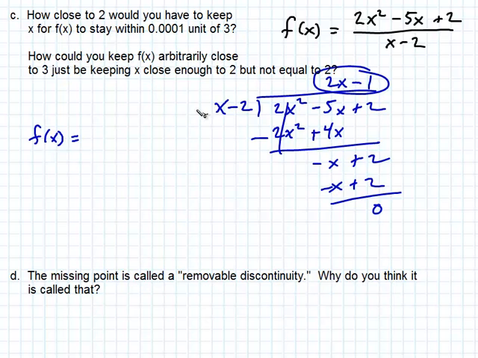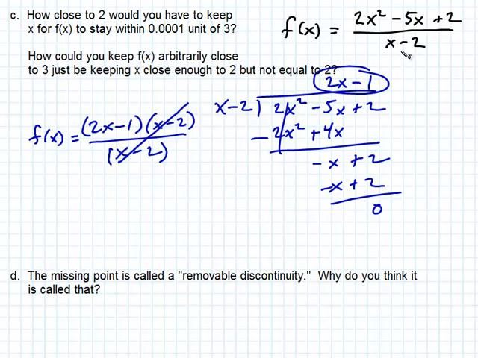This is one of the factors, and this is the other factor. The denominator is x minus 2. Okay? So you might say, well, let's just cancel these, and this boils down to that. That's essentially correct, except at the one point where x equals 2.